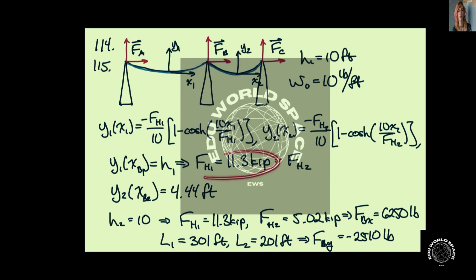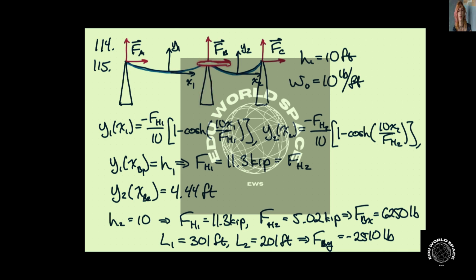Basically we need to use a root finding algorithm or trial and error to find this value. We can't just invert this equation. But we get the value from trial and error or from plotting it and finding the root, and it is 11.3 kip.